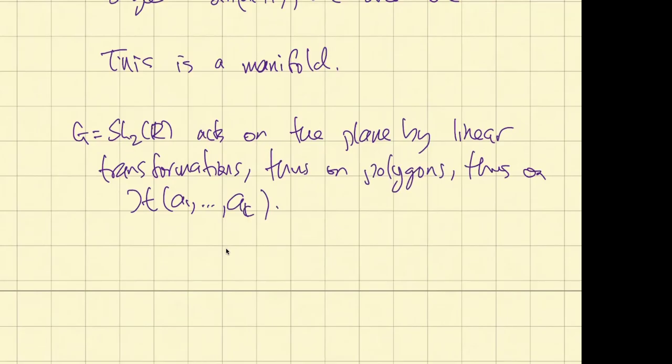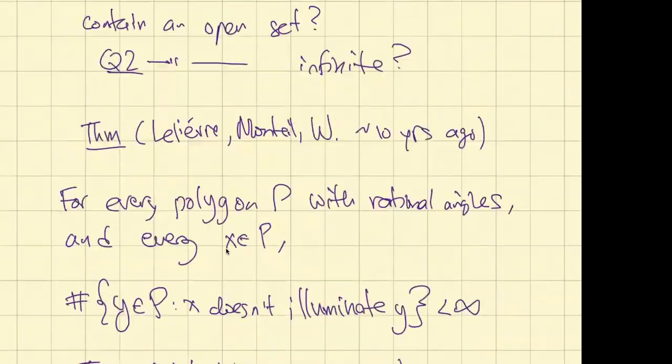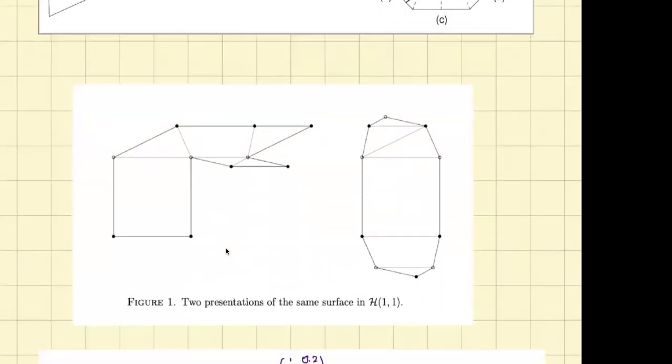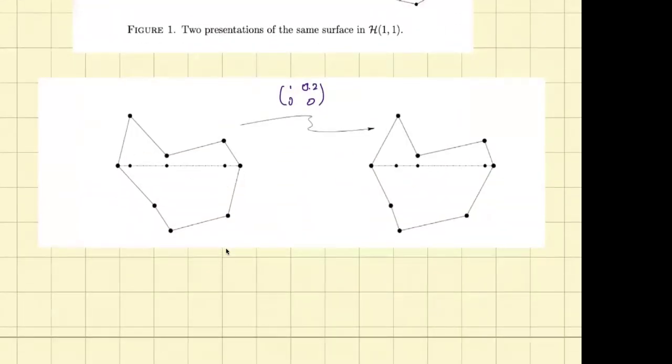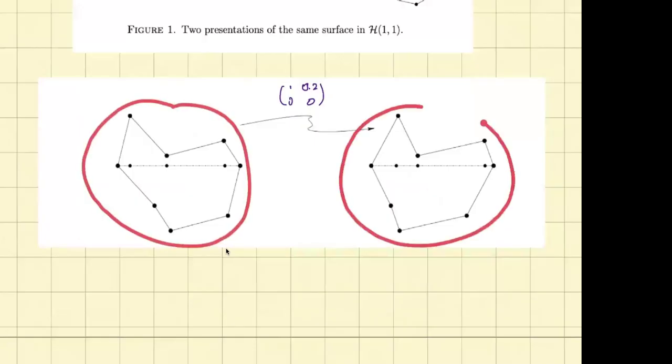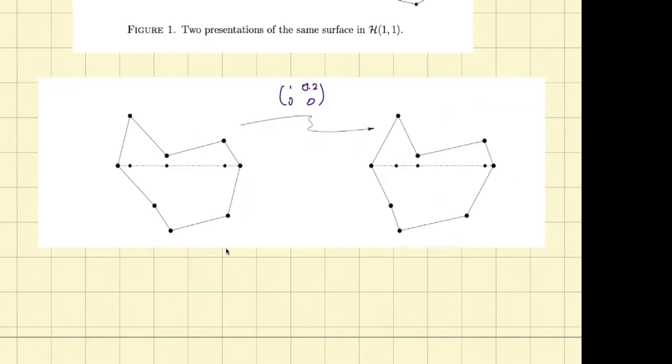Okay, so let's show a picture again. So here's one polygon, and here's another. They represent two translation surfaces. Just ignore this line in the center of the picture. It's not relevant for us today. How do you get from the first picture? They're not identical. How do you get from one to the other? You apply a linear transformation. It's recorded here.